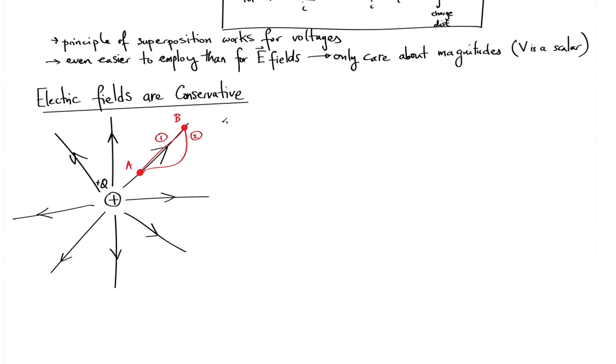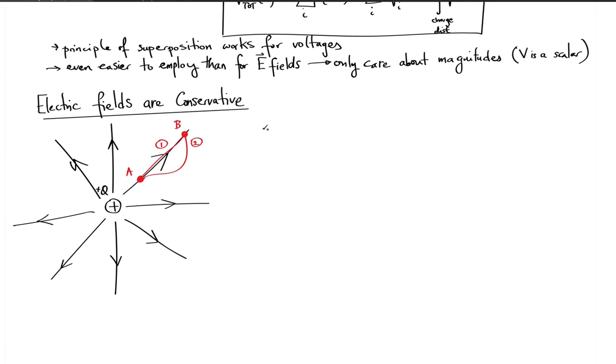So if we wanted to first calculate the work for path 1, the work done by the field in going from A to B is going to be equal to the integral of the force exerted by the field dot dr, starting from A and going to B.